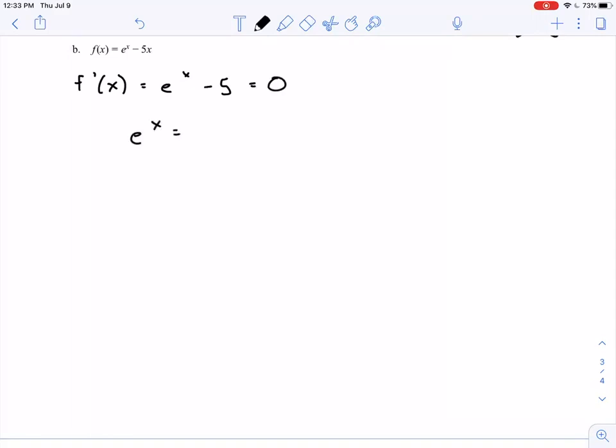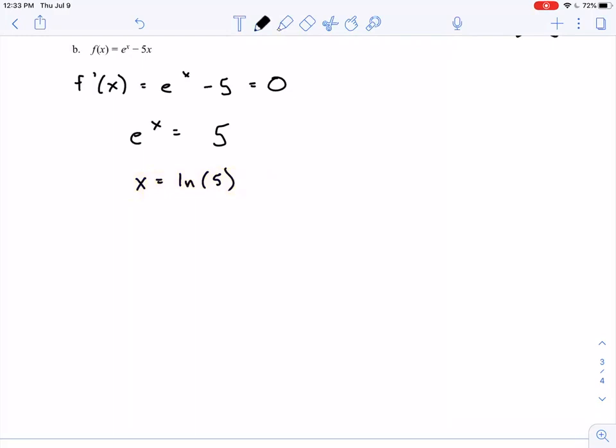E to the x equals 5, and then to solve this equation I have to use natural log on both sides, so x equals natural log of 5. Again, I should also consider where my first derivative is undefined, but in this case, e to the x minus 5 is defined for all real numbers, so x equals natural log of 5 is my only critical number.